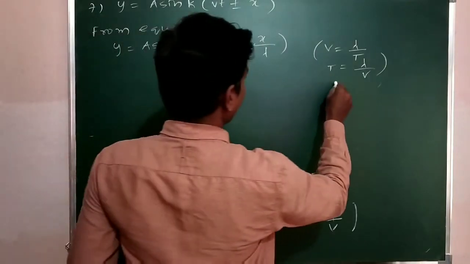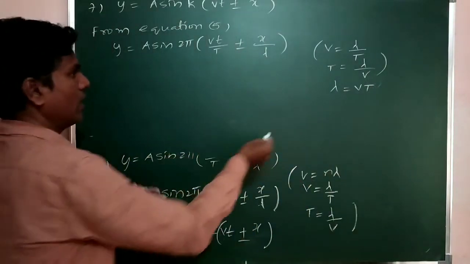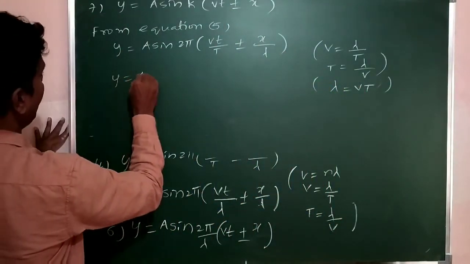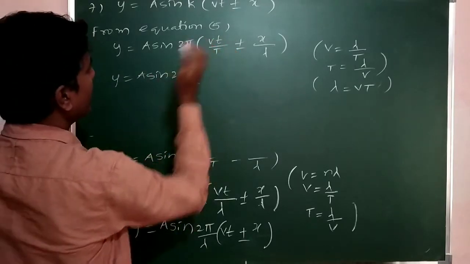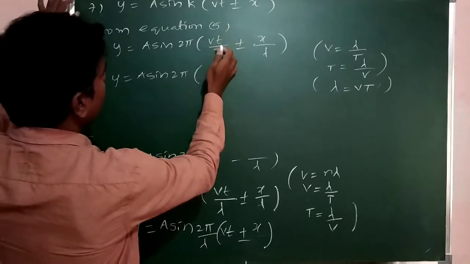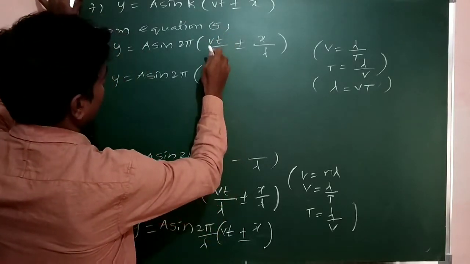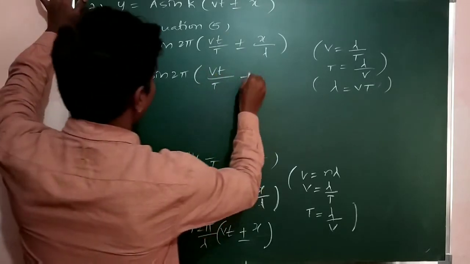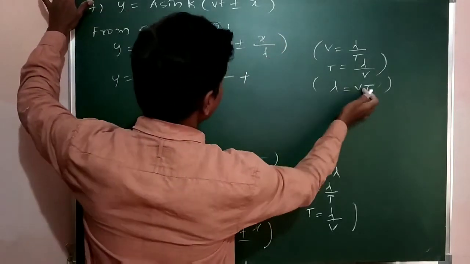So lambda is equal to what? vT. I can write these conditions in this place. y equal to a sine 2 pi of t by capital T plus or minus x by lambda.